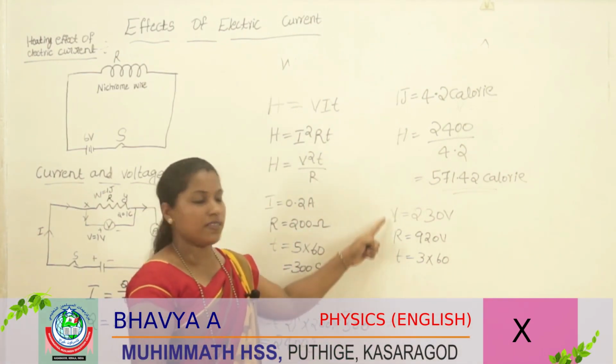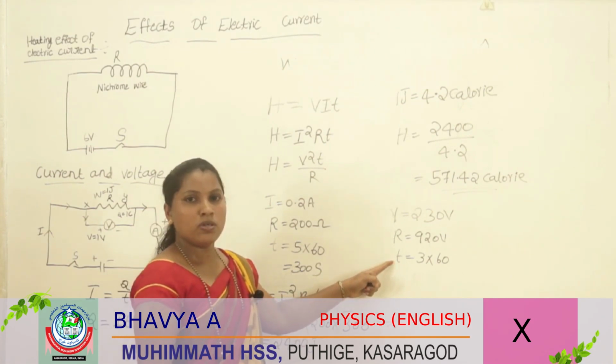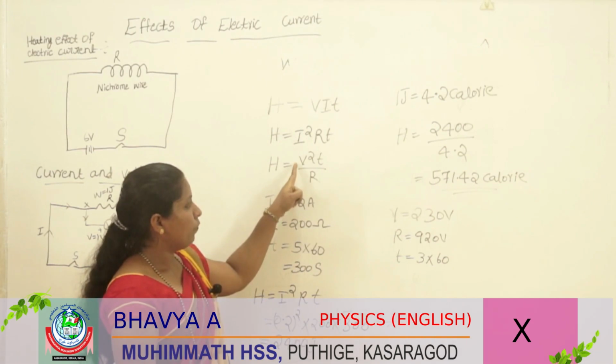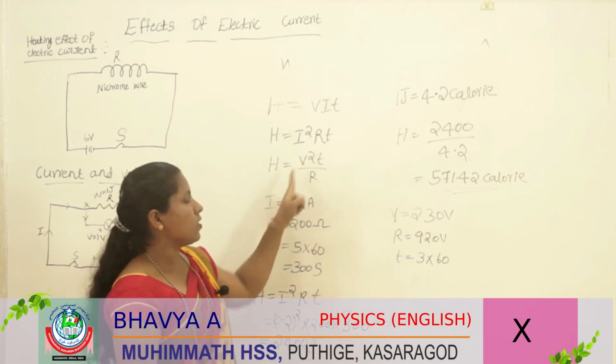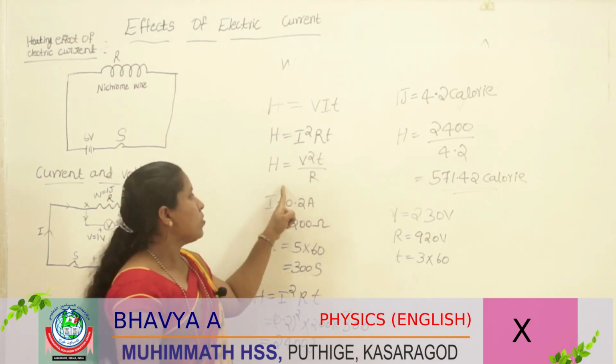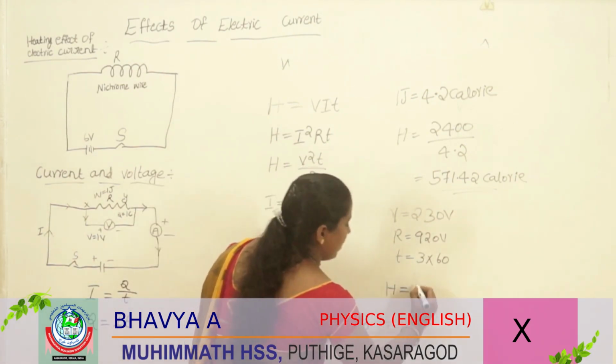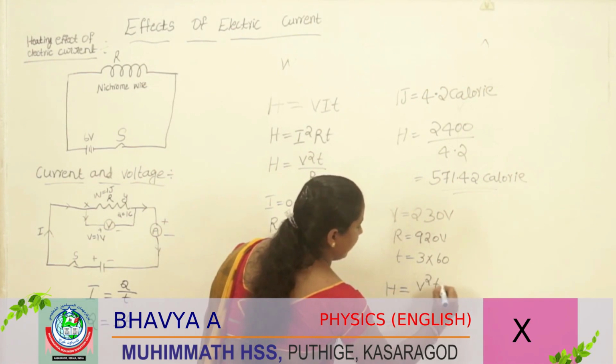V, R, T, these three values are given. So which formula can we apply here? V given, R given, T given, so we can apply H is equal to V square T divided by R.